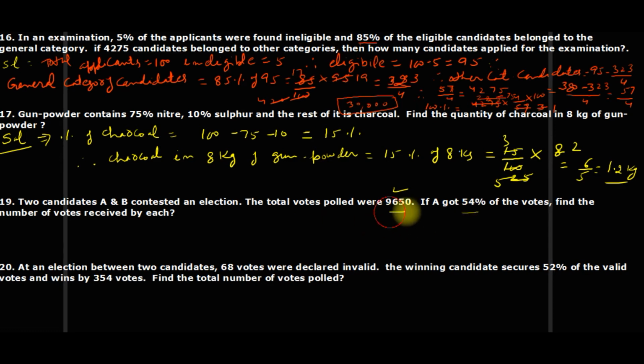Here total votes are equal to 9650. Right. A's votes would be 50. Sorry, I have to rub this.